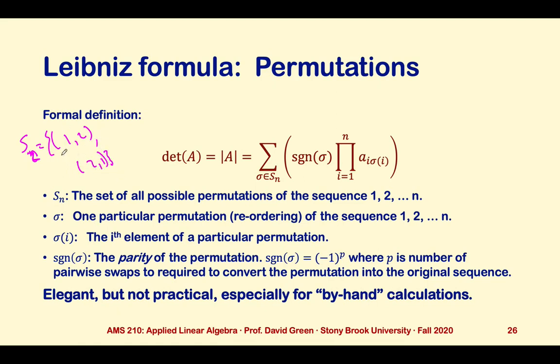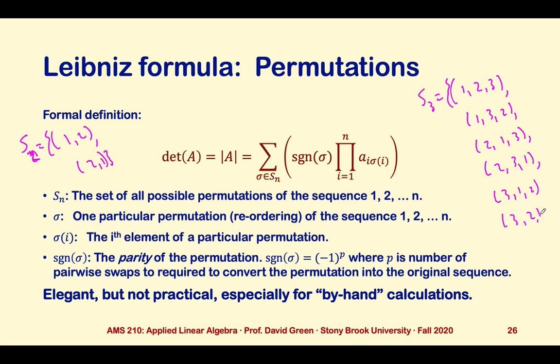The two ways of reordering the sequence 1 and 2. For 3, the set S3 is all the possible ways of reordering the set of numbers 1, 2, 3.